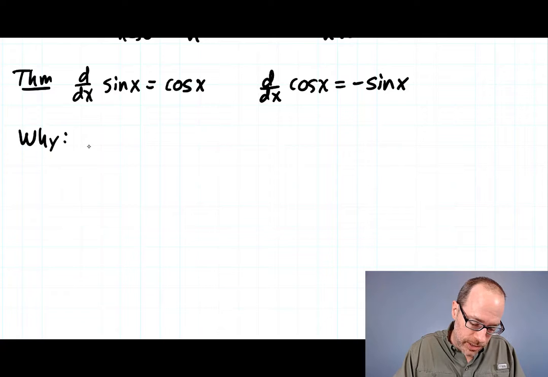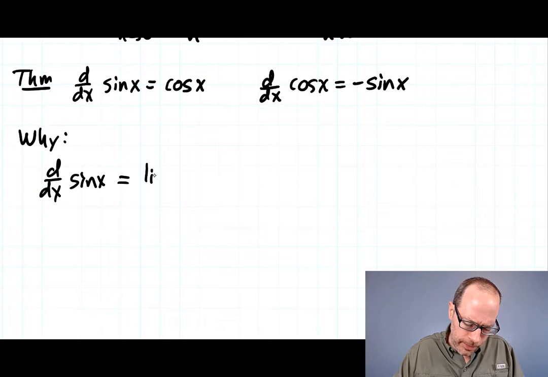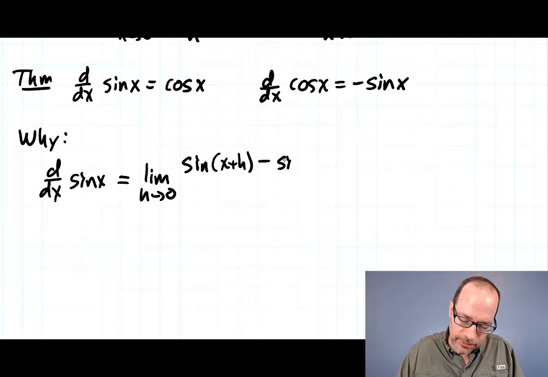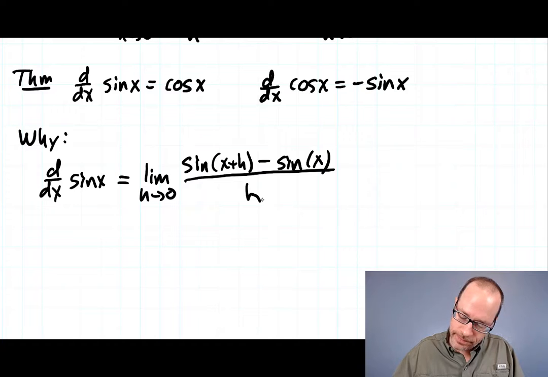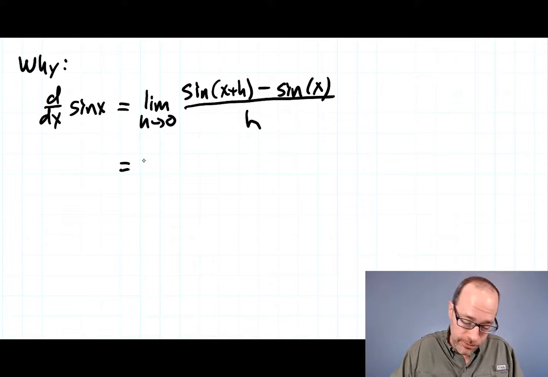So let's start calculating. d by dx of sine of x, by the definition of the derivative, is the limit as h goes to 0 of sine of x plus h minus sine of x all over h. Okay. Next we're going to use that angle addition formula for the sine.